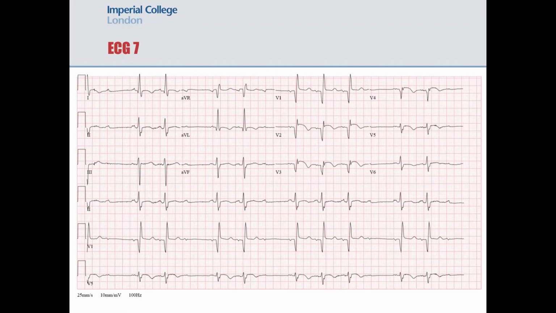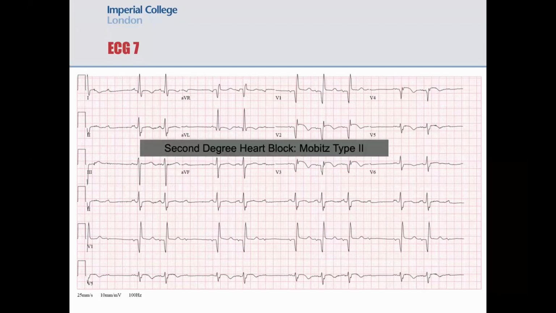Yeah, so someone's answered Mobitz type 2, that's correct. Would you be able to write down which type? The previous one was type 1, so which type do you think this one is?